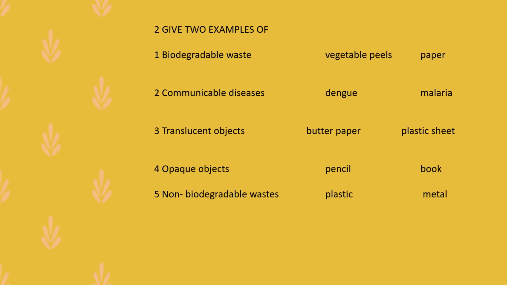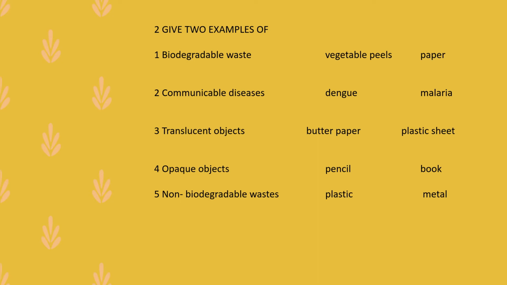Children, the waste that decomposes easily and mixes with the soil is called biodegradable waste. It does not cause any kind of pollution. Examples of biodegradable waste are vegetable peels and paper.